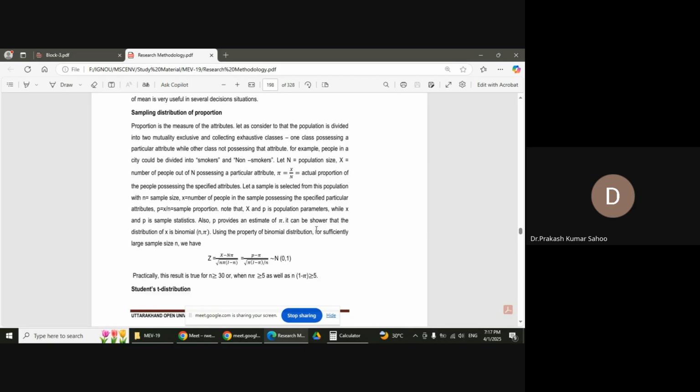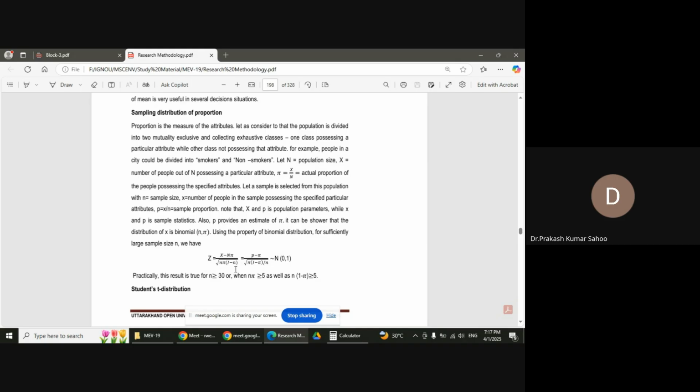Then for the sampling distribution of proportion, capital Z is equal to x minus n pi, that is, population size times pi, divided by root over of small n into pi into 1 minus pi. So this is the formula we have.